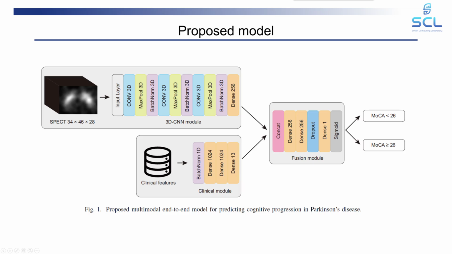Then we used the multimodal fusion module that integrated the outputs from both modules. We concatenated the clinical features and the SPECT image features. Those were normalized and passed through two fully connected layers. To avoid overfitting, we applied a 30% dropout after the second fully connected layer. The final step was a sigmoid function to produce the binary classification output.